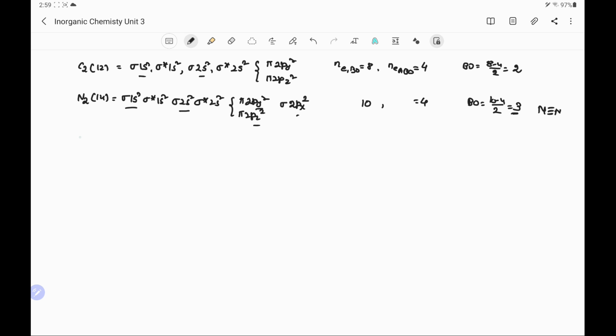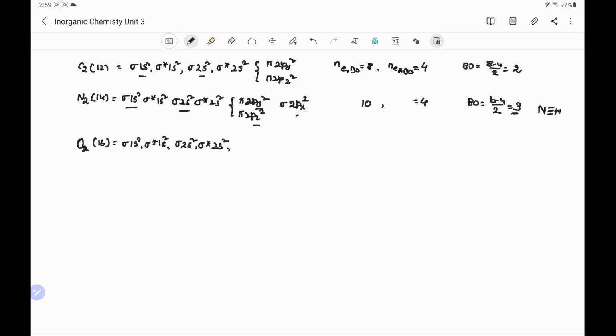Similarly, we can write the configuration for oxygen, which contains 16 electrons, and it will have sigma 1s2, sigma star 1s2, sigma 2s2, sigma star 2s2. Then here there is a change in the energy of the orbitals in the case of oxygen in comparison to nitrogen.